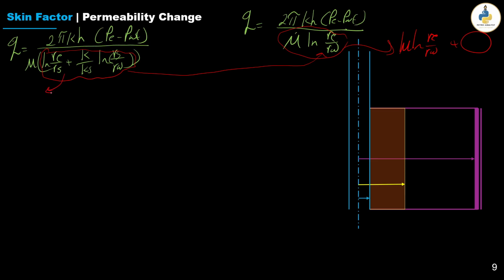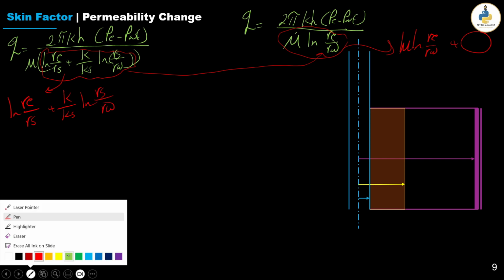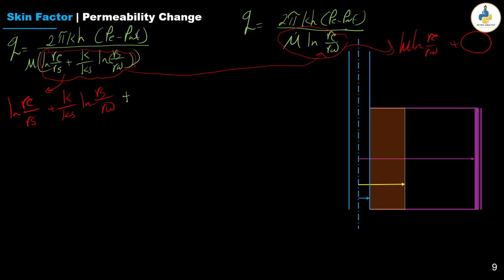So we will take this part, which is ln RE over RS plus K over Ks ln RS over RW, and we can make this simple adjustment. Add ln RS over RW and subtract ln RS over RW. It is like we did nothing.